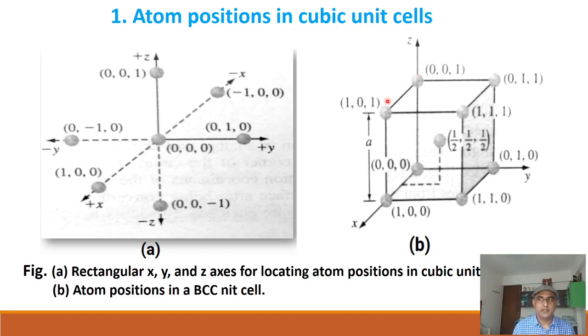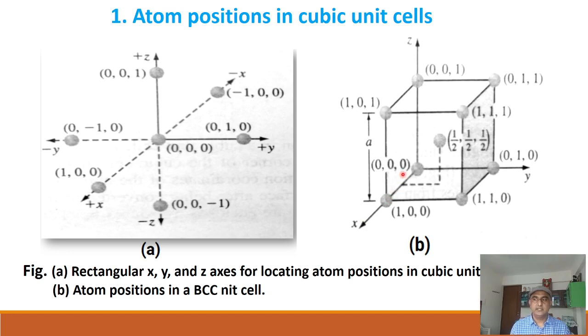Last lecture we covered the unit cell. Here is the representation of one unit cell from this lattice. This unit cell has unit length. Consider the origin with the 0, 0, 0 coordinates, and the X-axis, Y-axis, and Z-axis, these are the three axes.